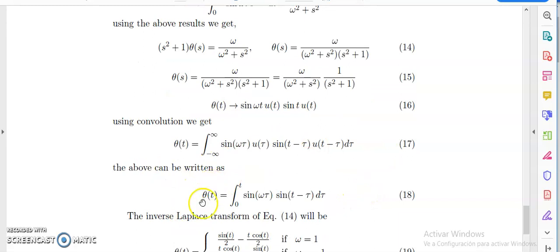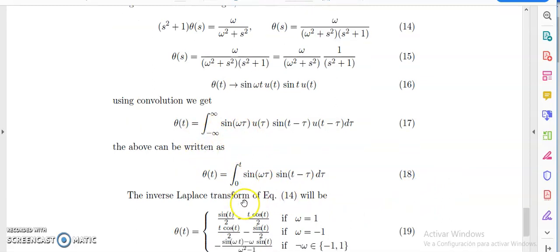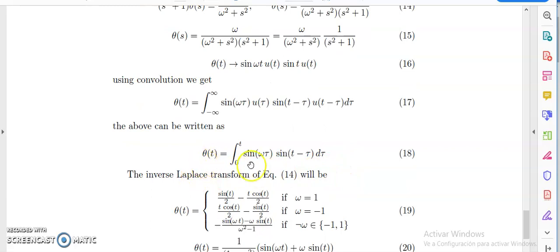This equation will transform to equation 18. But look carefully: now the limits of integration are 0 and t, and the integrand is sine omega tau times sine of t minus tau, d tau. Then the inverse transform.